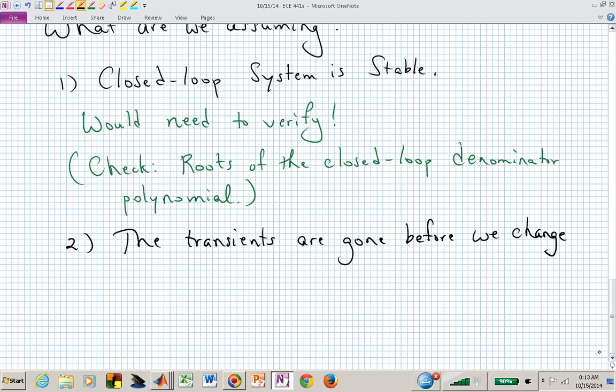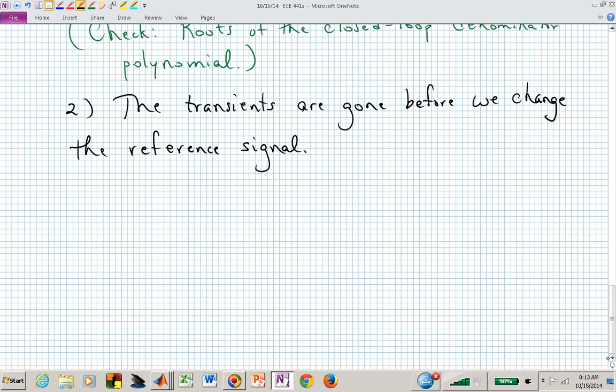So we need these transients to be gone before we actually change the reference signal. And I'm not sure if that's worded very clearly. I'm finding that maybe my wording can be less clear than I would like it. But let's say this is now our time.